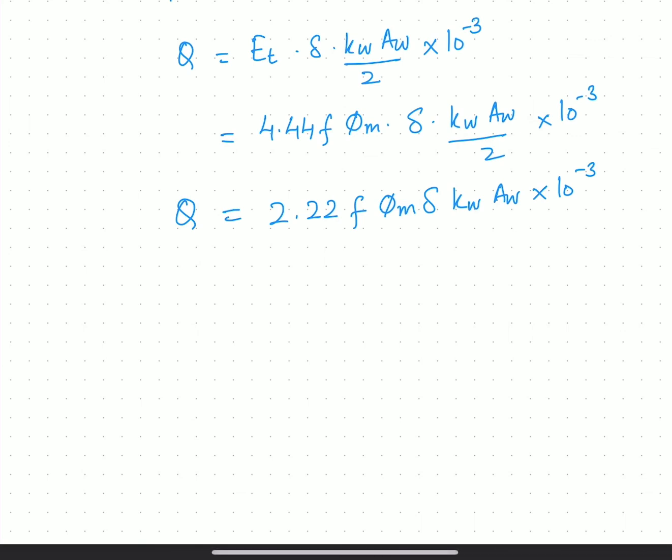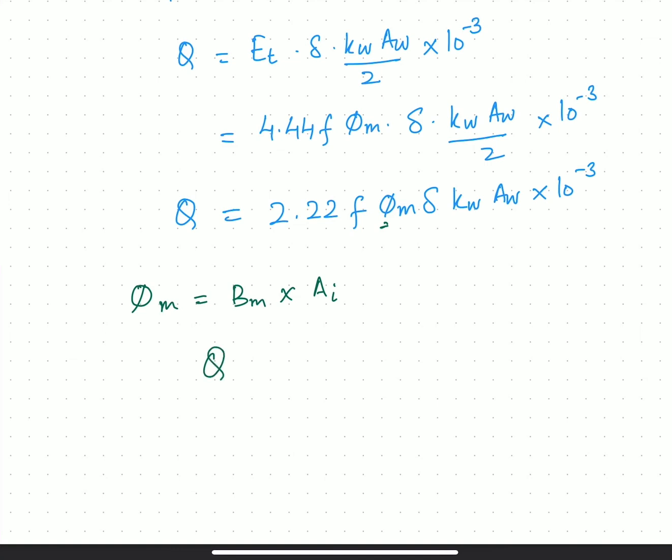And one last manipulation that we will make to this equation is that we will replace this phi with B. So we'll say that the maximum flux in the transformer is equal to the maximum flux density times the area of the iron, which we derived from the figure.